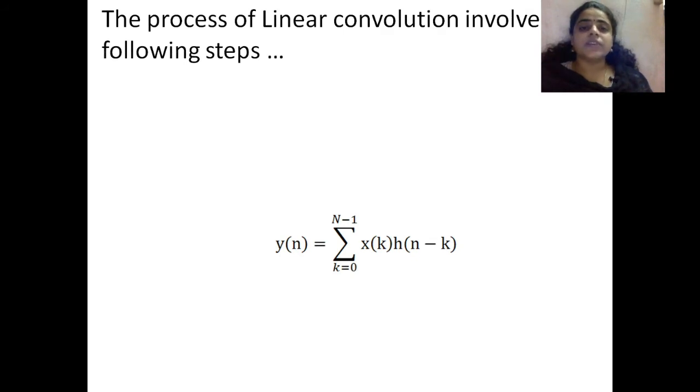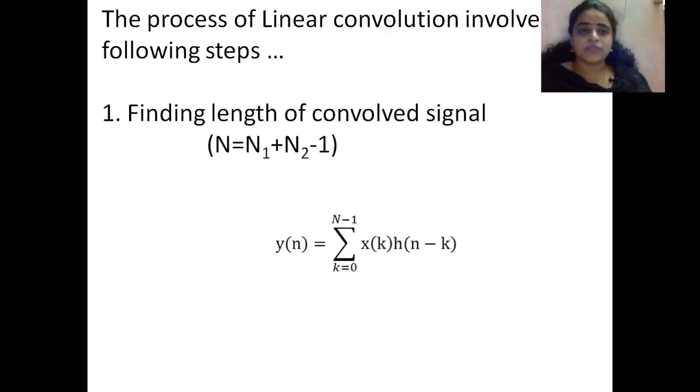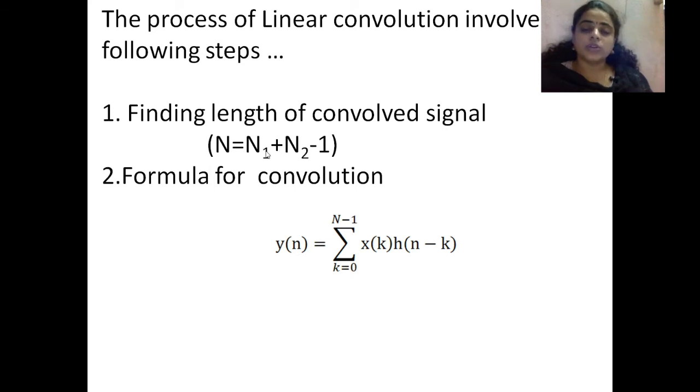The process of linear convolution involves the following steps. First we have to find the length of the convolved signal. The final resultant signal length is N equal to n1 plus n2 minus 1, where n1 is the length of the input signal x of n and n2 is the length of h of n.